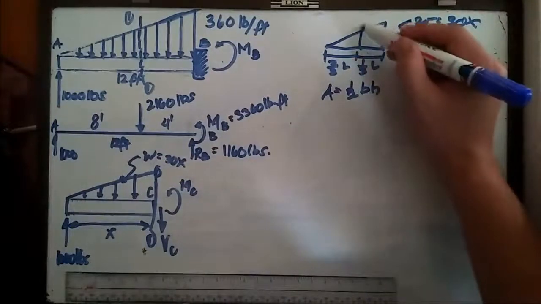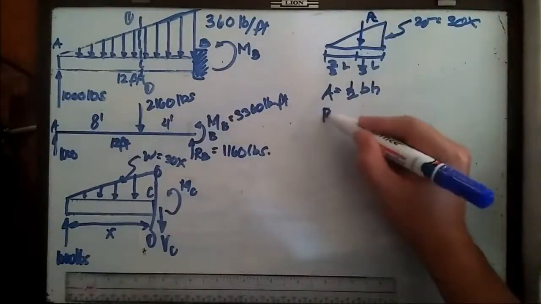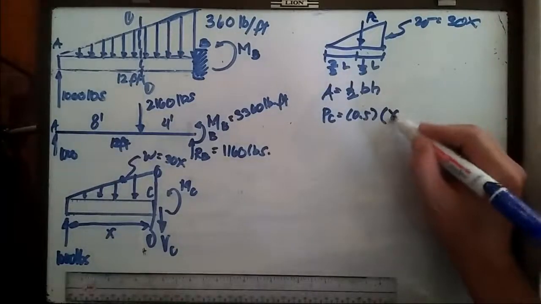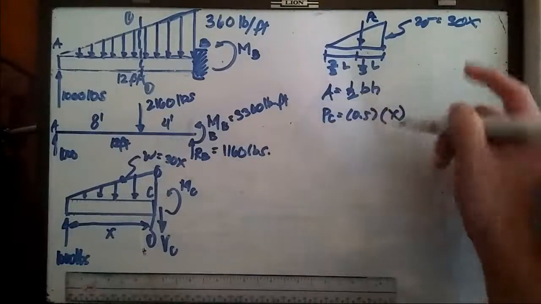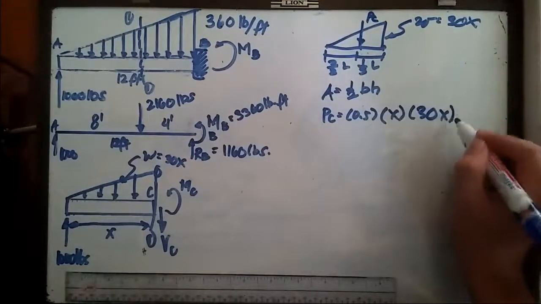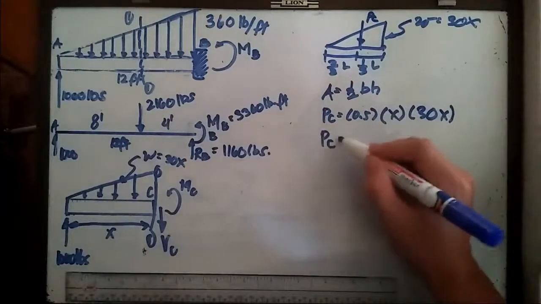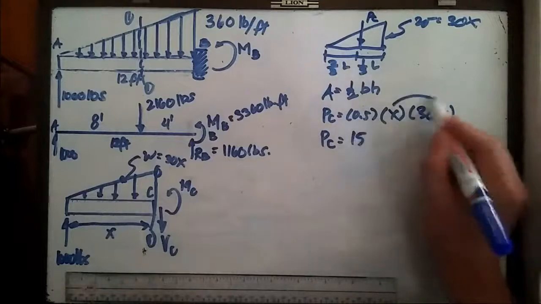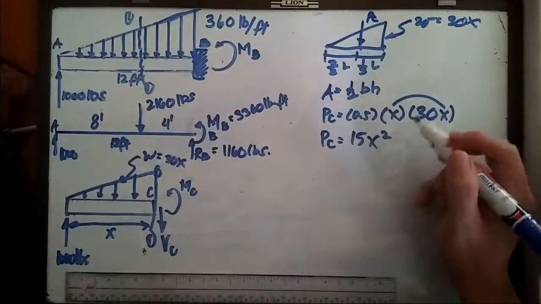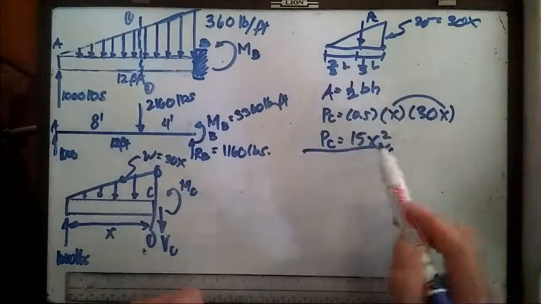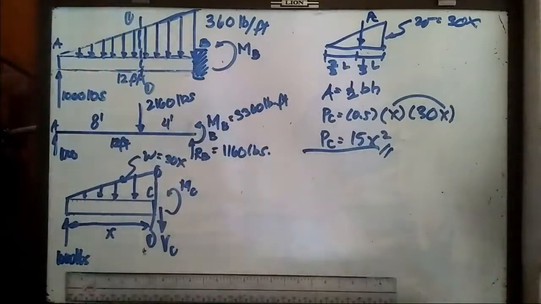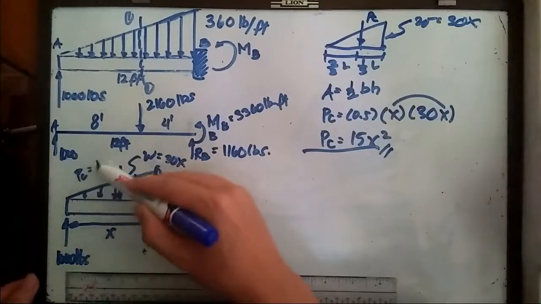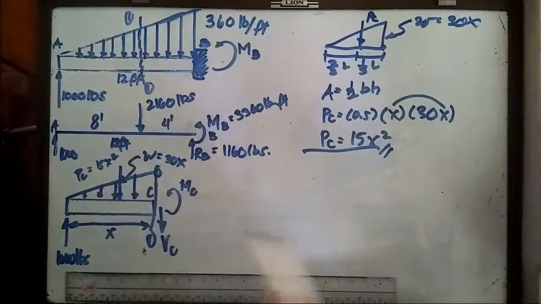Replacing everything, let's assume this is P sub C. So P sub C is equal to 0.5 multiplied by the base, which is x, and the intensity 30x. Simplifying, 30 multiplied by 0.5 is 15, and x multiplied by x is x squared, so 15x squared. This is the new concentrated load of this uniformly varying load. So P sub C is equal to 15x squared.